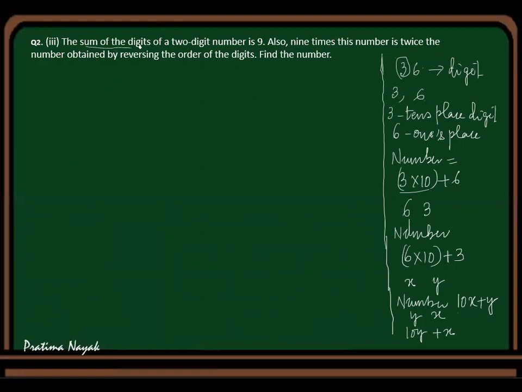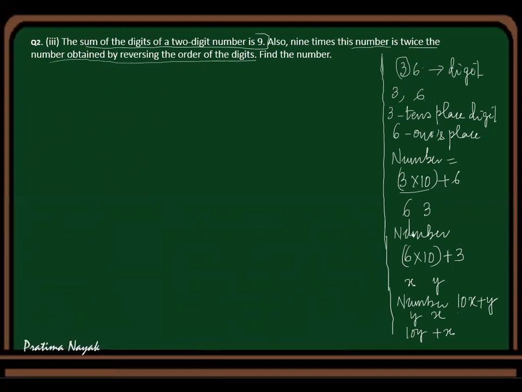The sum of digits of a two-digit number is 9. That means if I take one as x and one as y, then x plus y is 9. 9 times the number is twice the number obtained by reversing the order of the digits. Find the number.